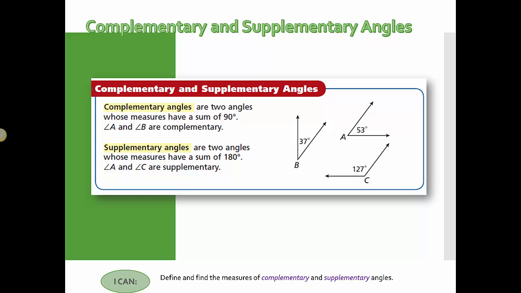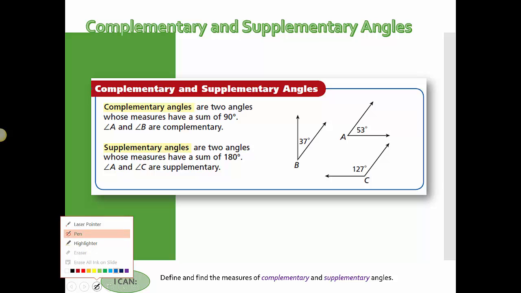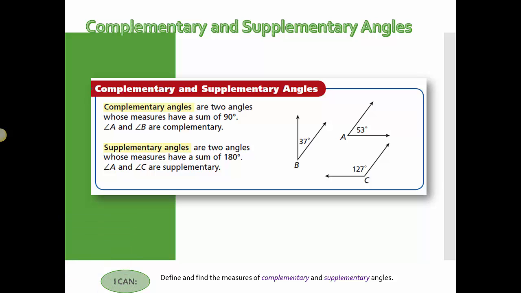All right, our next angle pairs are complementary angles and supplementary angles. Complementary angles are angles whose measures sum to 90 degrees. A and B in this particular picture are complementary because the measure of angle A plus the measure of angle B equals 90 degrees.